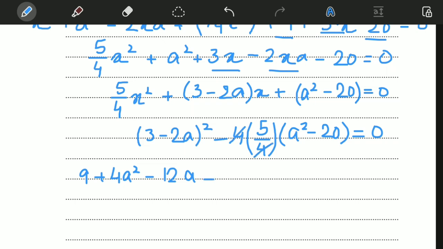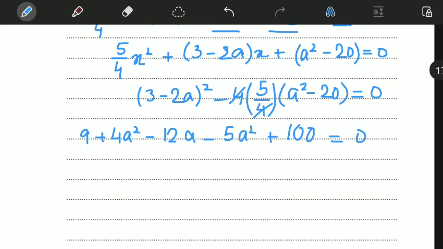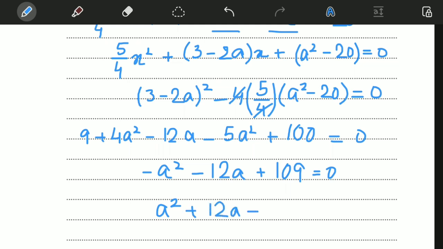The 4 and 4 will cancel out, minus 5 times a square minus 20. We can do it directly as well: 5a square, plus 5 times 20 is 100, equals 0. Then we will have minus a square minus 12a plus 109, and we can multiply this whole equation by minus 1 to get a square plus 12a minus 109.